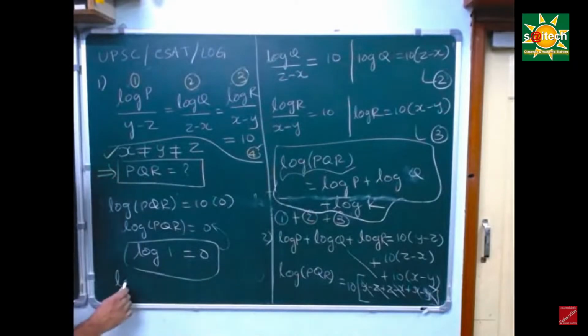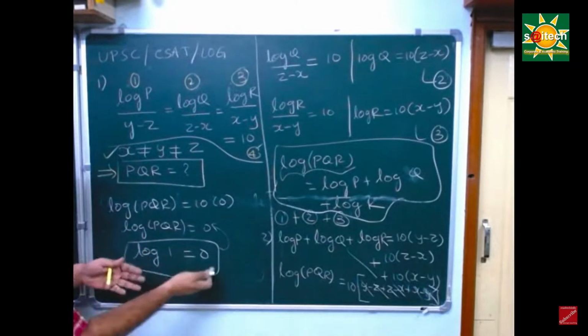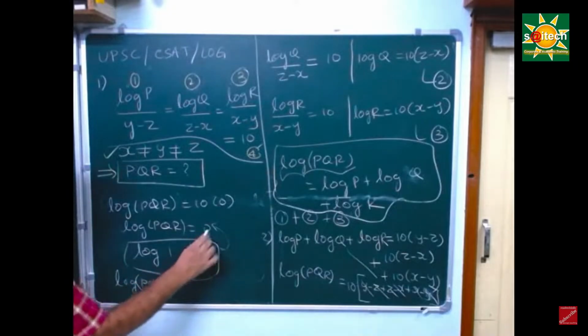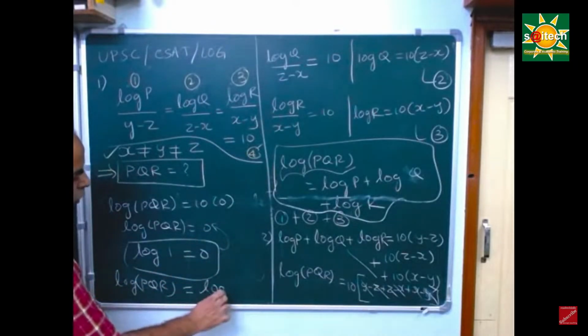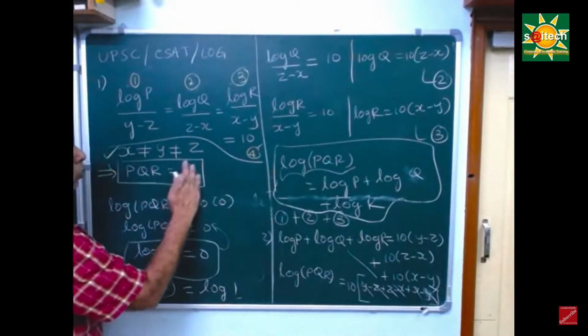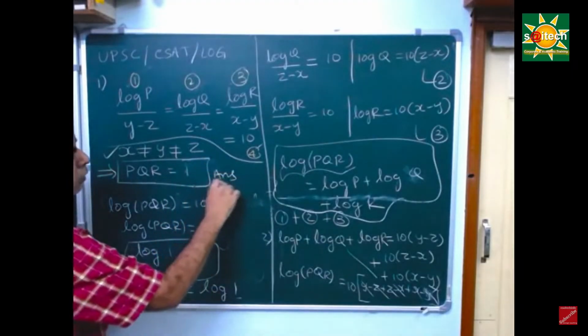So we have to find either the anti-log, or you can equate like this: log PQR is equal to, instead of 0, you can write log 1, because log 1 is equal to 0. Now you can compare: PQR is equal to 1. So the correct answer is PQR is equal to 1.